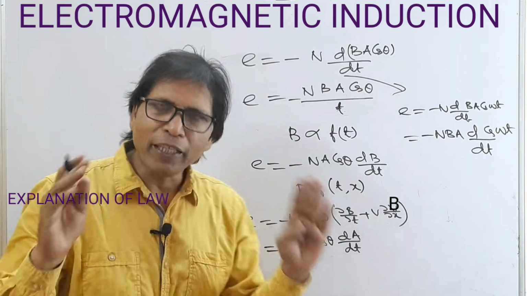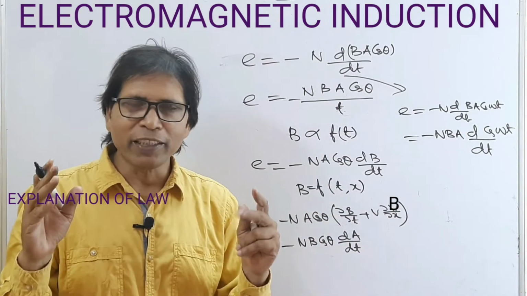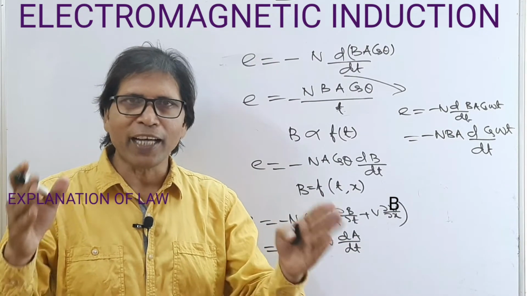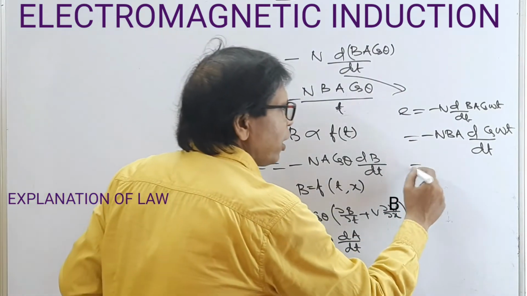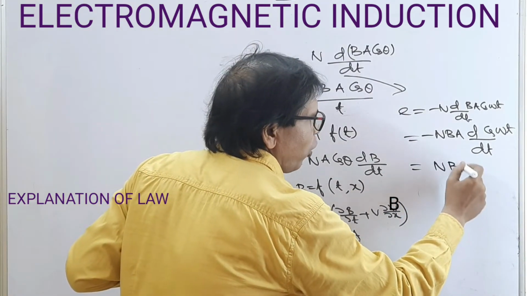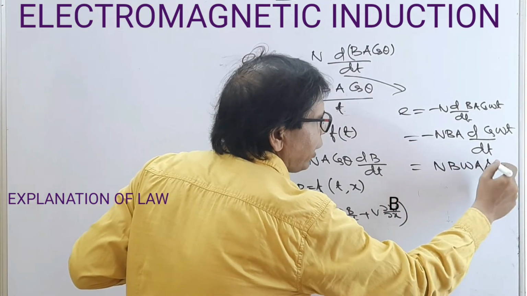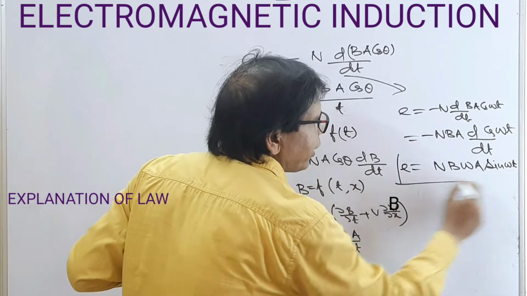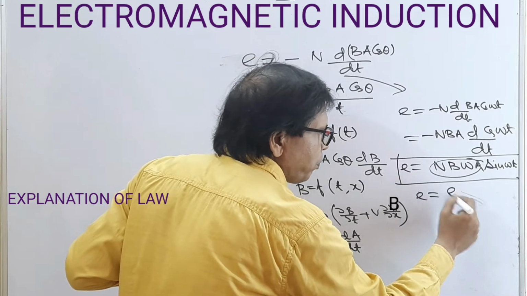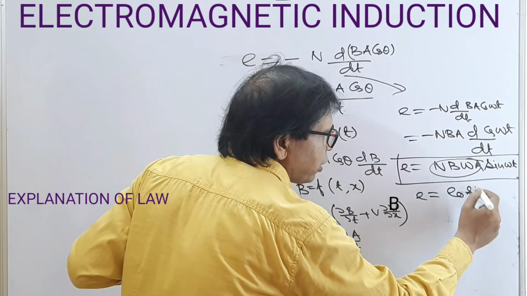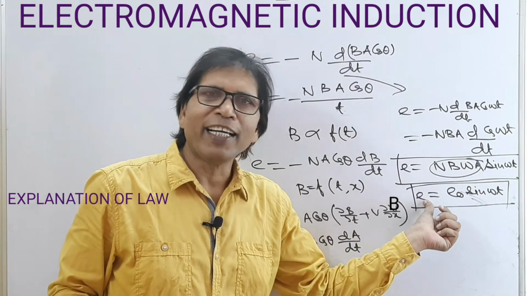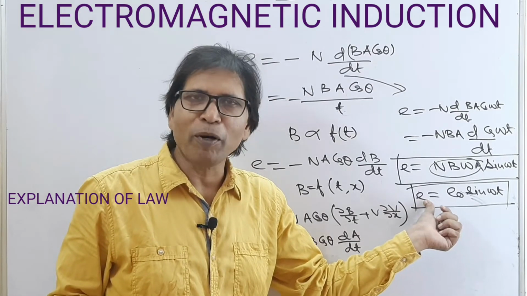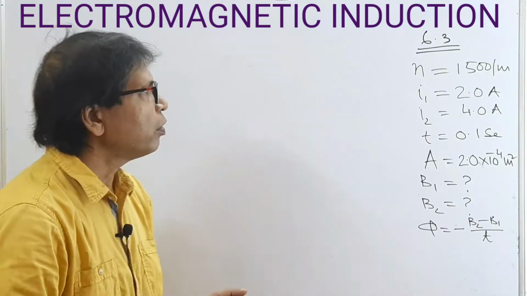Differentiation of cos omega t is minus omega sin omega t, so this is NB omega A sin omega t. This is known as AC current, this term is known as the peak value of AC, and E is the instantaneous EMF of AC.